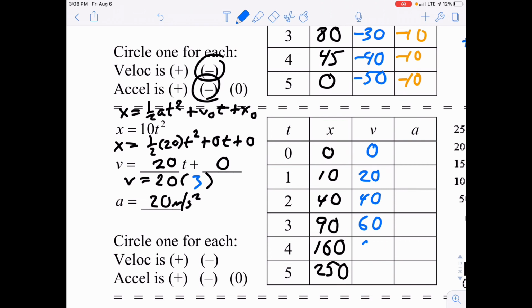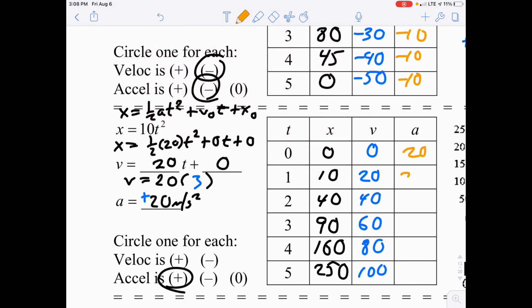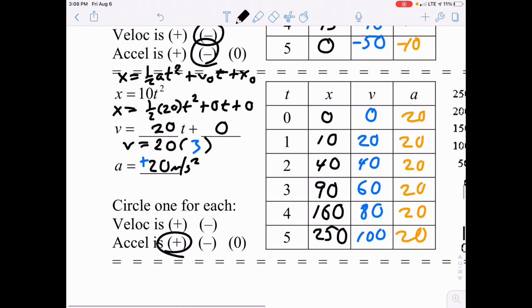So the next one would be 80, right? And then 100. What does this tell you? You're increasing positive acceleration, positive constant acceleration, increasing by 20 meters per second every second. So the positive constant acceleration of 20 the whole time. Okay. Now my velocity starts at 0 and they're all positive after that. So that would be positive velocity and positive acceleration.